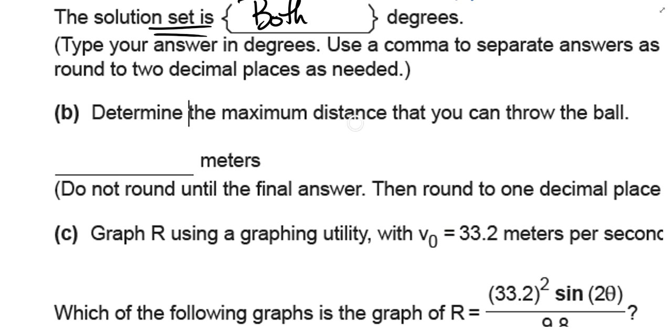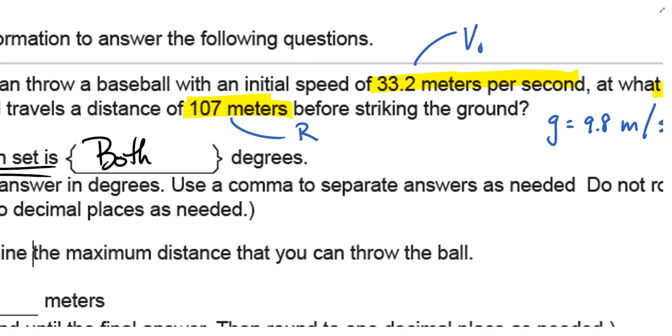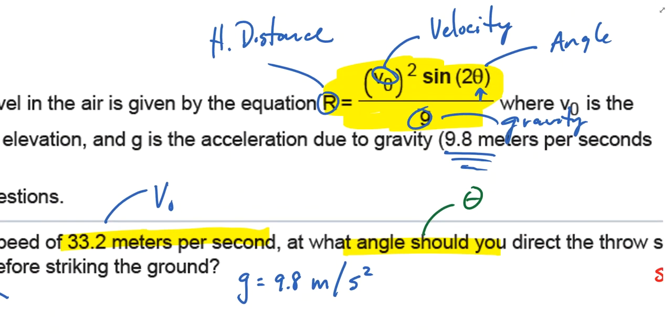But in order to find the maximum distance that you can throw the ball, all we really need to do is graph this function in terms of r based on the optimal angle. And if you recall from physics, in order to optimize the distance that you can throw a projectile, you want this theta value to be 45 degrees.